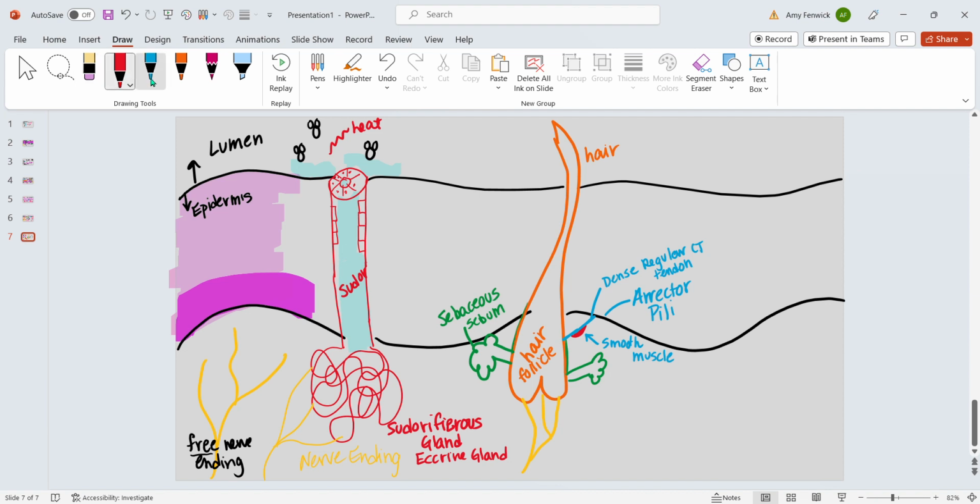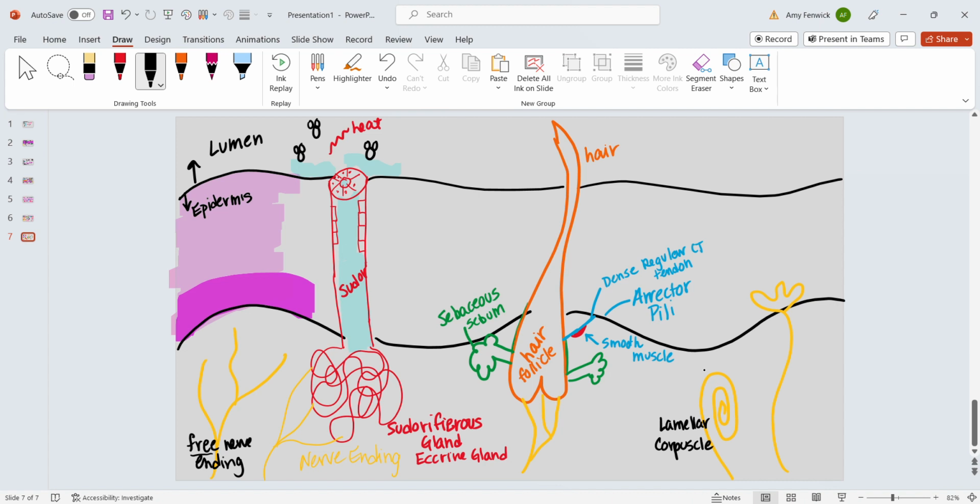There are some other sensory structures that can be found in the dermis. There are structures that look like this, and there are also structures that we did talk about a little bit. This structure over here is called a lamellar, which means sheet, corpuscle.